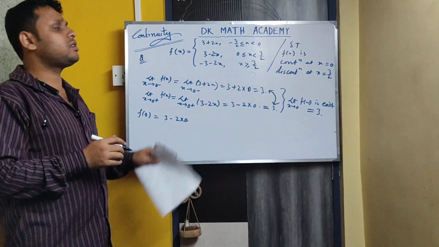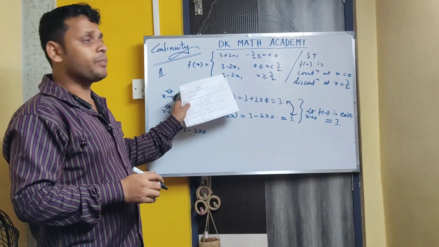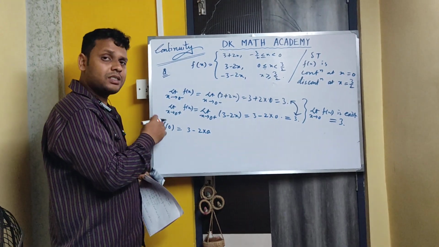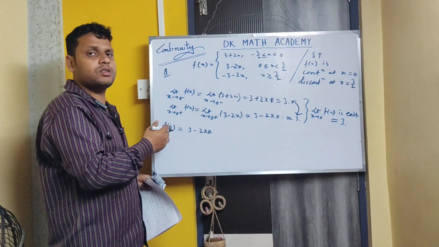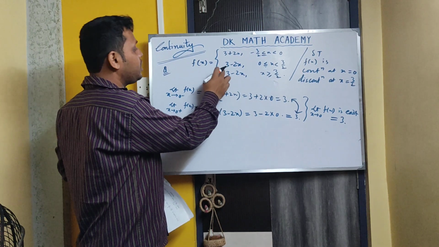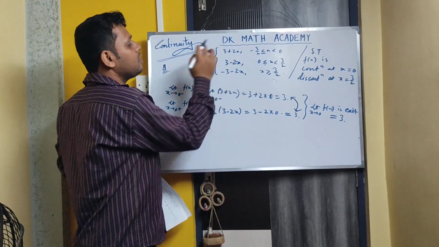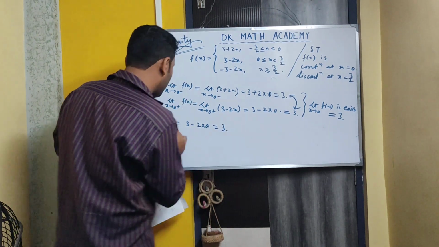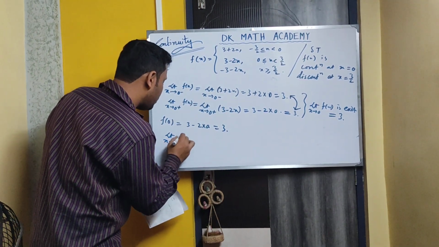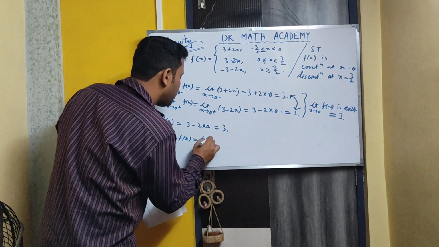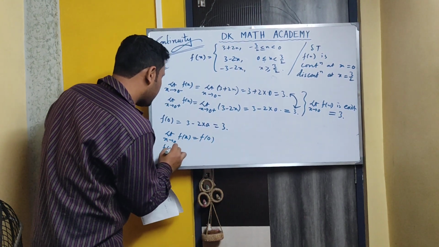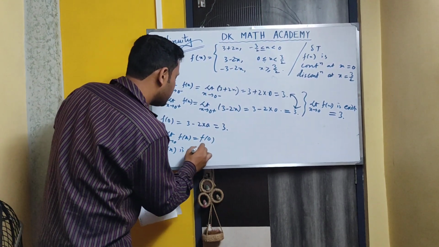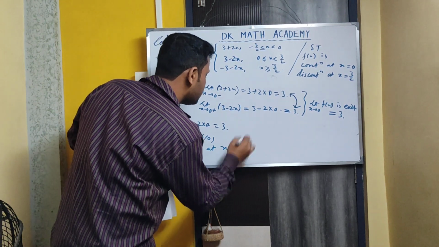Here for f of 0 we are putting x equals 0 in 3 minus 2x. This comes 3. So limit x tends to 0 of f(x) equals f of 0. So f(x) is continuous at the point x equals 0.